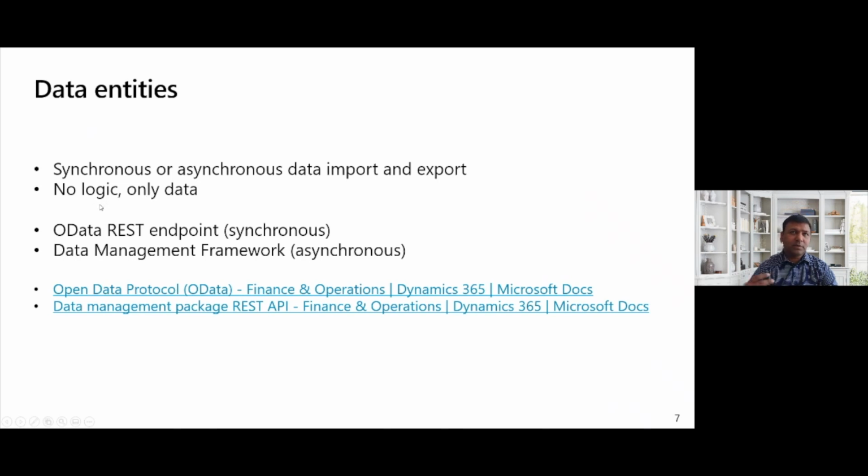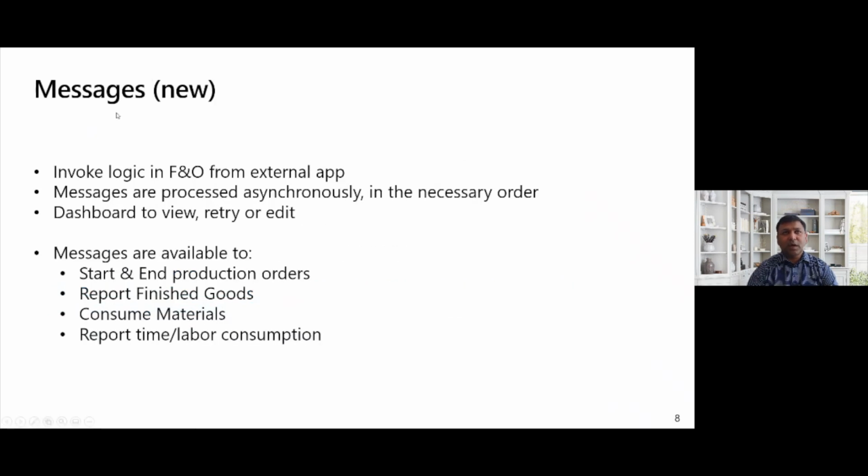But in some cases in the MES scenario, we might not just need to create a route card journal, we might also need to post that journal, or a BOM journal. So that's where we need to exchange data, but we also need to take the business action inside of finance and operations. And that's what the messages framework that we have enabled helps us do.